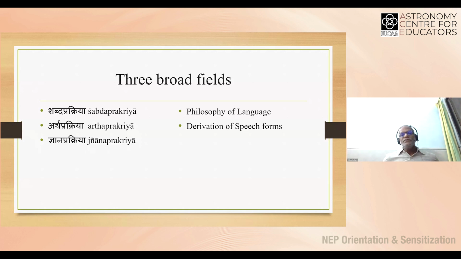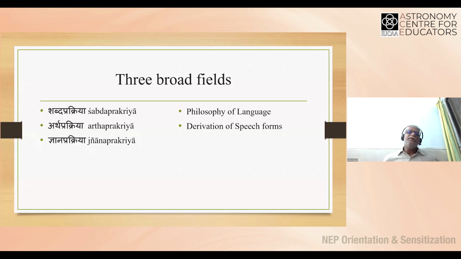Now, the Sanskrit grammatical tradition also believes that there is a cognitive process involved in it. There is also the jnana prakriya. So the cognition of the artha and the shabda is what plays a crucial role as far as the generation of the shabdas and generation of the arthas. So jnana prakriya is an extremely important process in this regard.